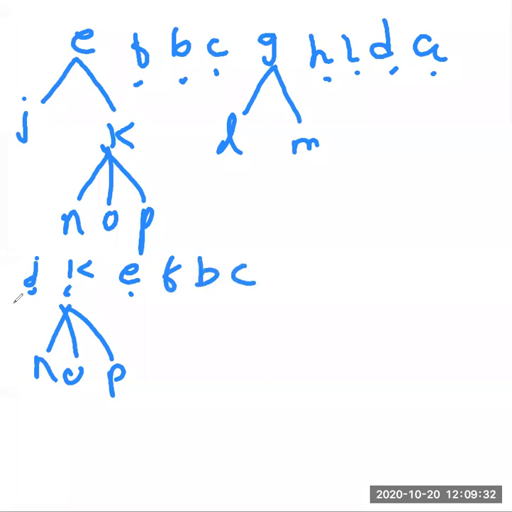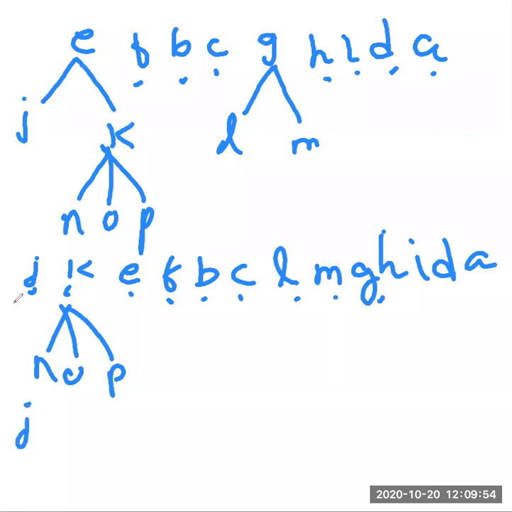Now for G again apply the post order traversal. So first L, then M, and then G. As the root is G now, H, I, D, and A. Apply again.